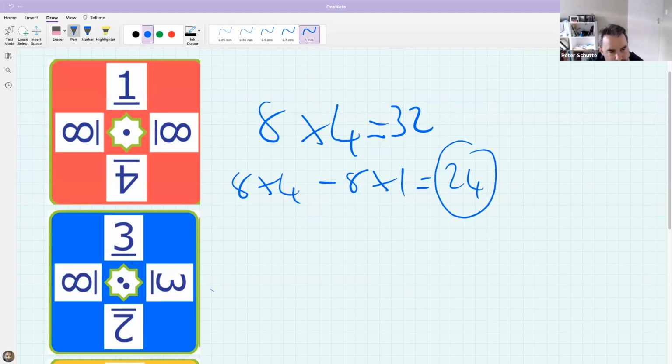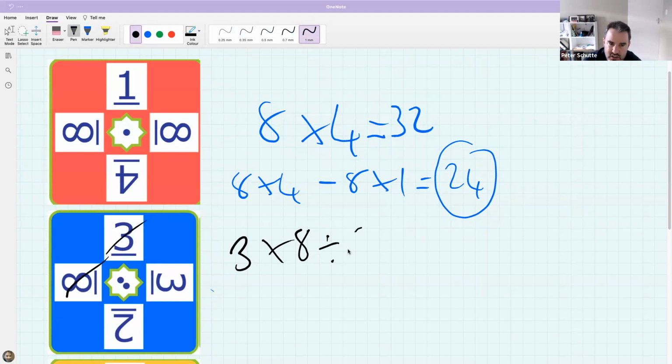We have a 3, 3, 8, and 2. So Ayanda has said 3 times 8 is 24, which is great, but now I need to use up the 3 and 2.